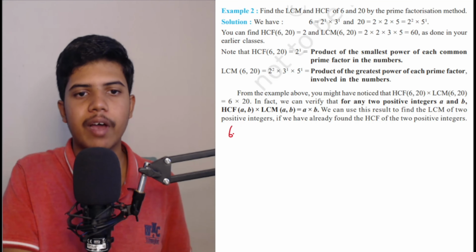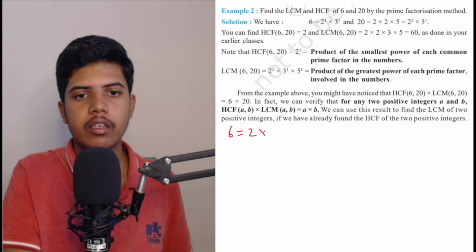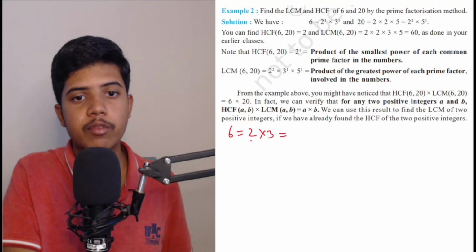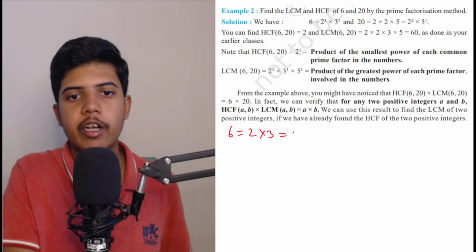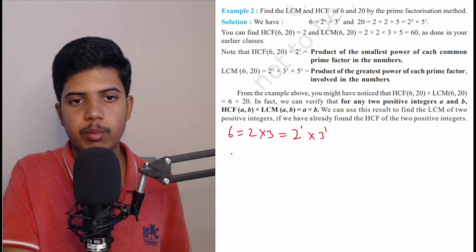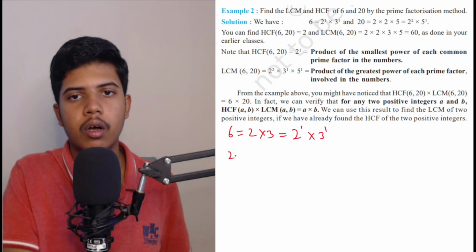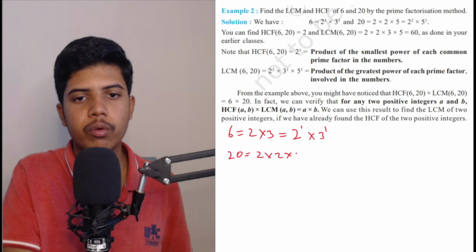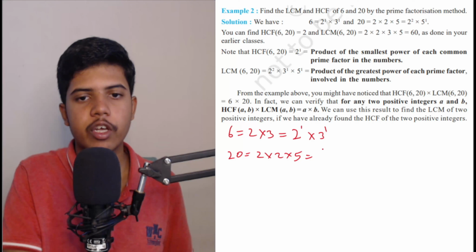So first we need to factorize. 6 can be written as 2 into 3. This is in terms of product of primes. In terms of product of powers of primes, you need to write the exponent as well. Now 20 can be written as 2 into 2 into 5, which can also be written as 2 squared into 5.